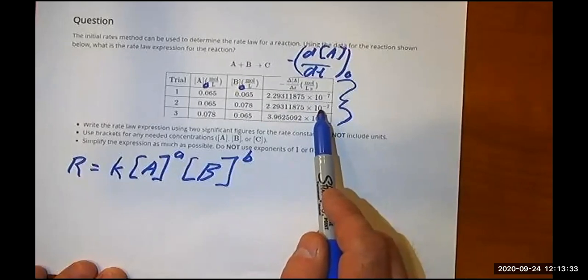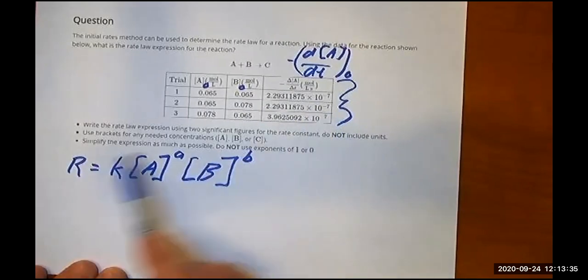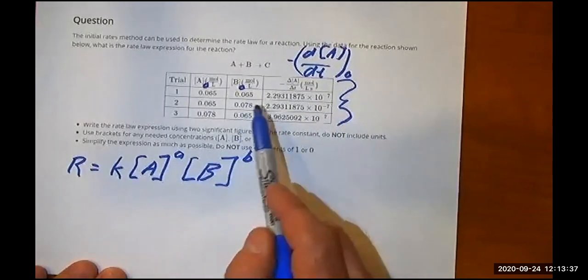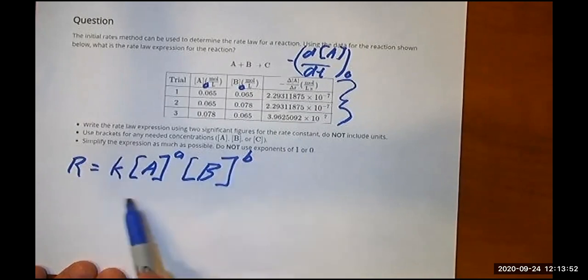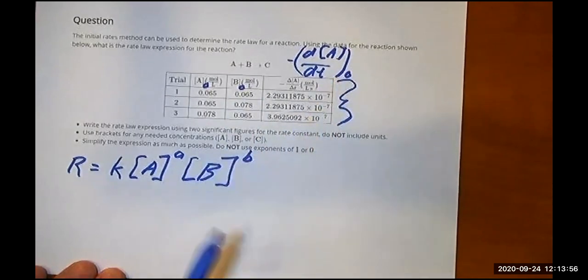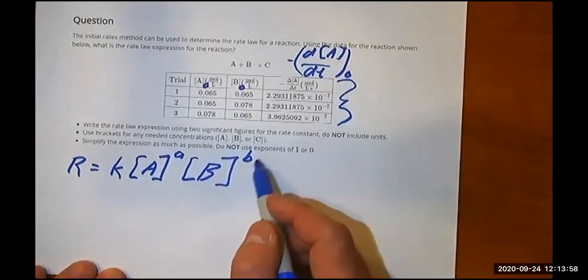What does that tell you about the dependence of the rate law on the concentration of B? So if this is the rate law, and you change B like we did here, and the rate doesn't change, what's got to be going on here?